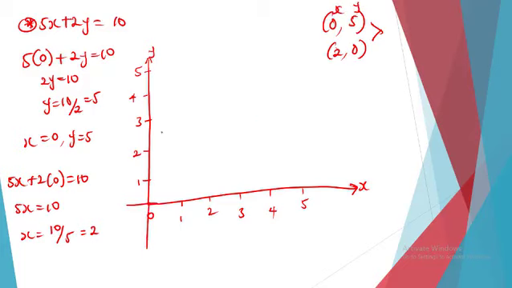This is the point. And then when x is 2, y is 0. So we join these two points. Okay, your work should be neater than mine. So at this point we say that this is 5x plus 2y equal to 10.